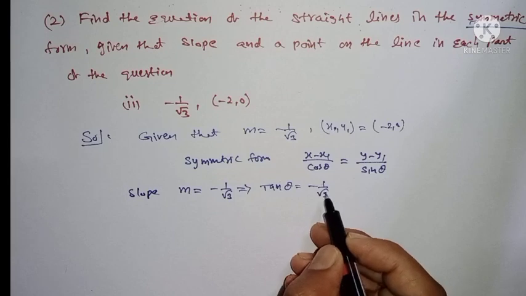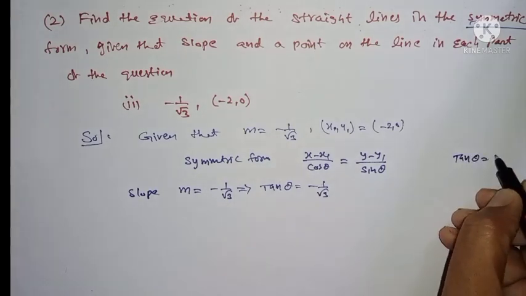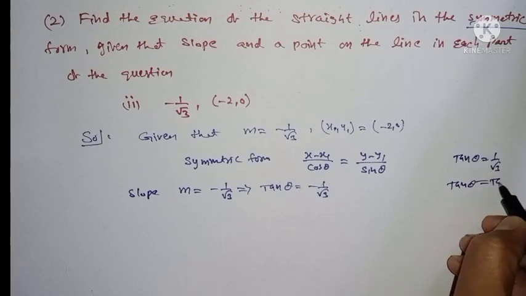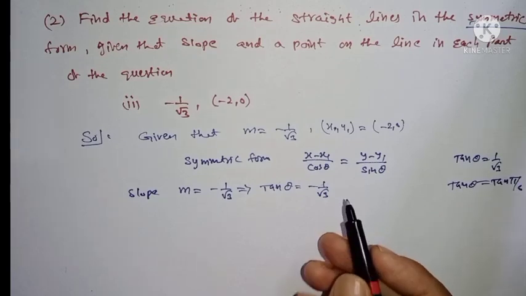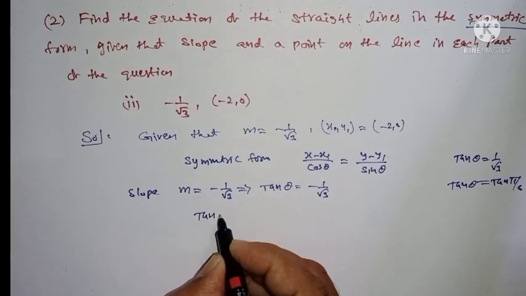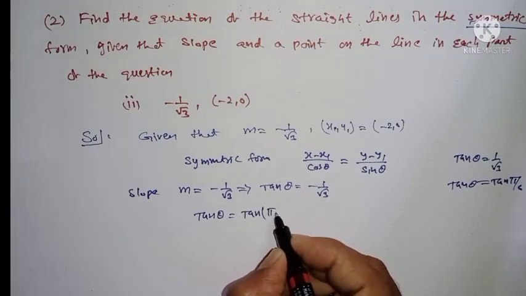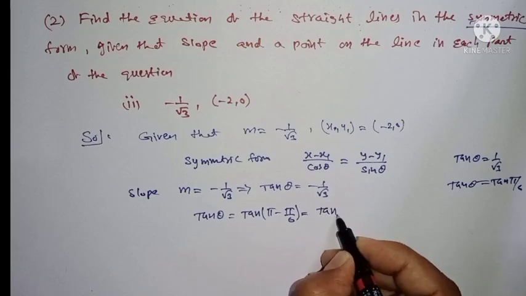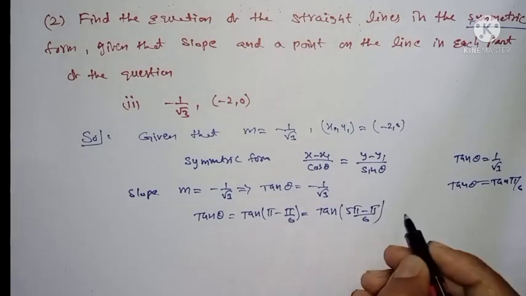Here 1 by root 3 in tan occurs when tan theta is equal to tan pi by 6, that is 30 degrees. But the minus sign is given, therefore I can write tan theta is equal to tan of pi minus pi by 6.